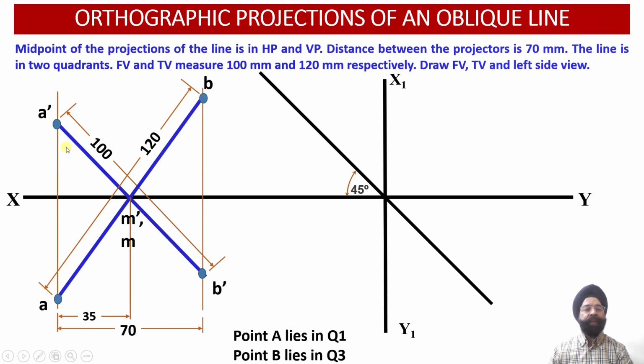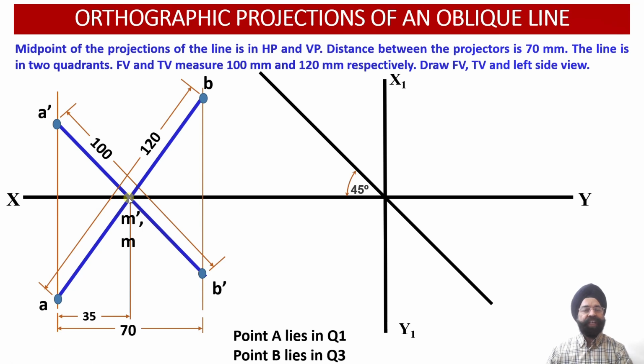Another condition has been satisfied, that is point A happens to lie in quadrant 1 and point B happens to lie in quadrant number 3. So this way we have been able to obtain the front view projection A'B' 100 millimeter long, which has its midpoint M' in the horizontal plane. Similarly, the top view projection measures 120 millimeter AB, and the midpoint M is passing through the vertical plane.